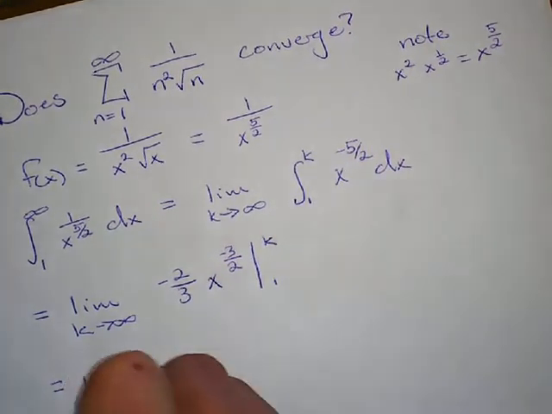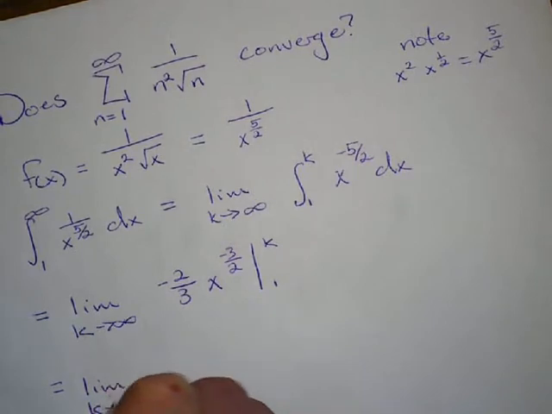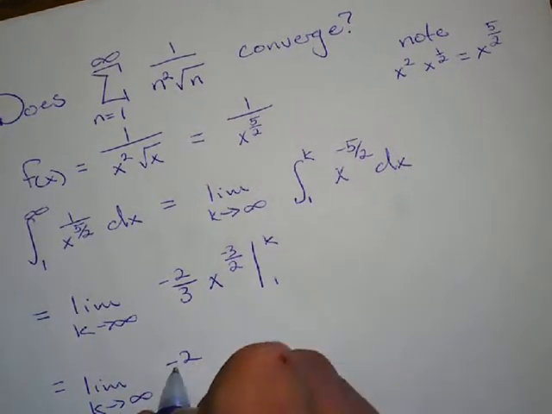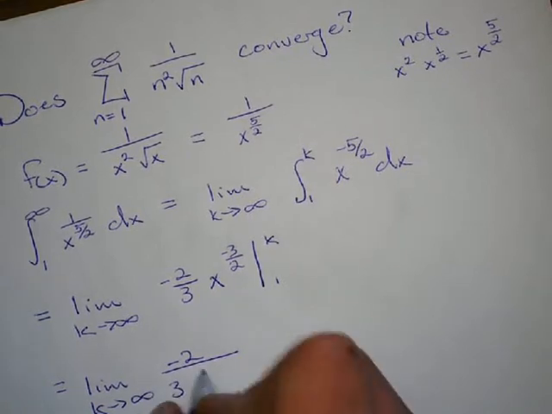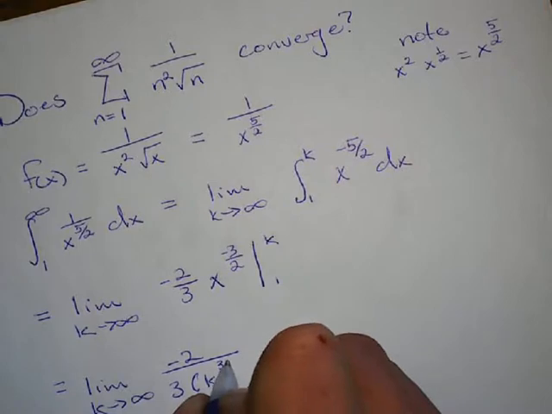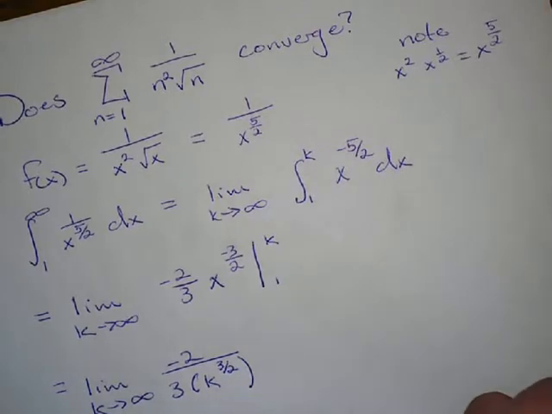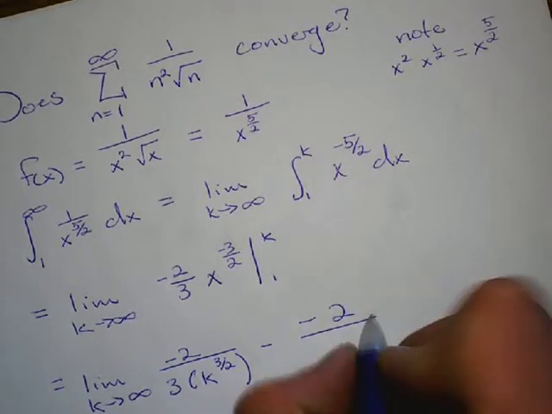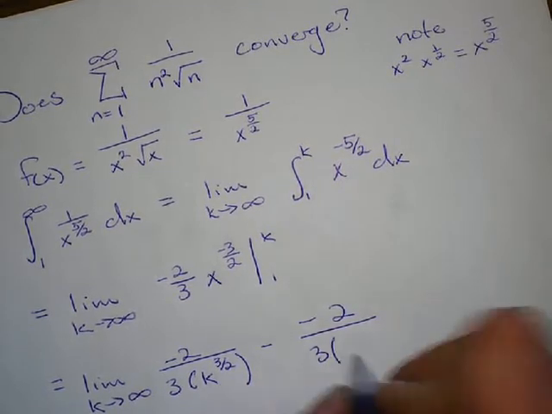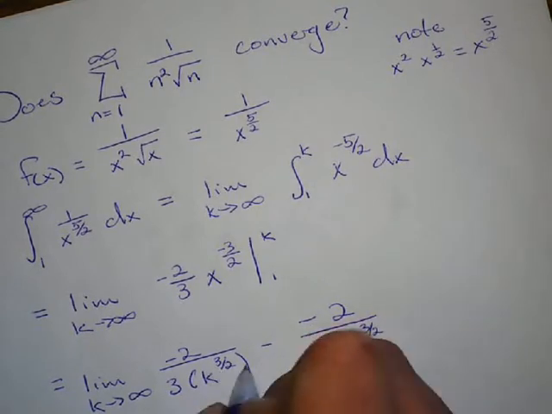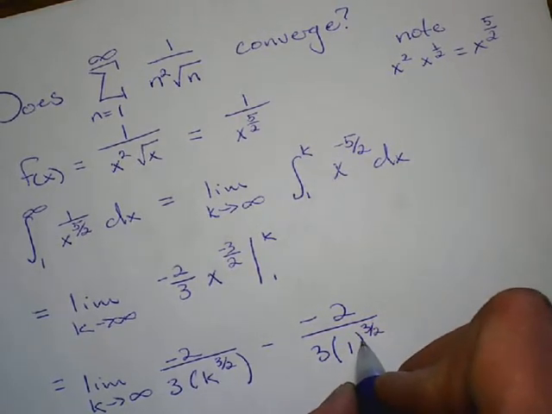So this is the limit as k goes to infinity of negative 2 over 3 times k to the negative 3 halves, minus negative 2 over 3 times 1 to the negative 3 halves. I'm sorry, I could have written that inside like I did here.